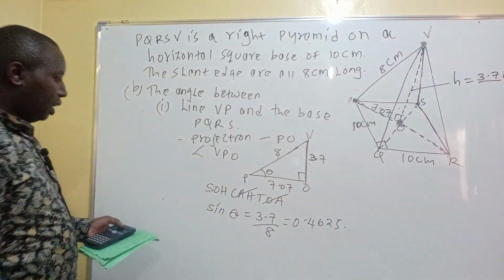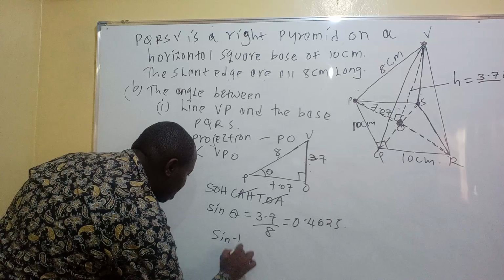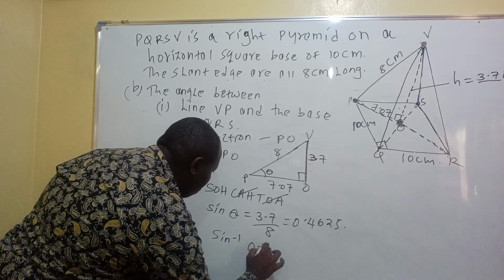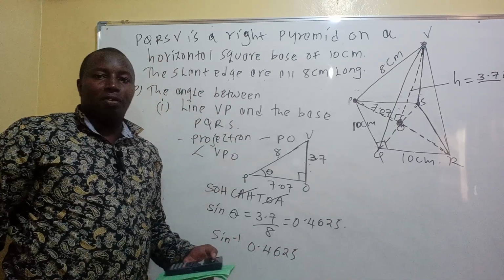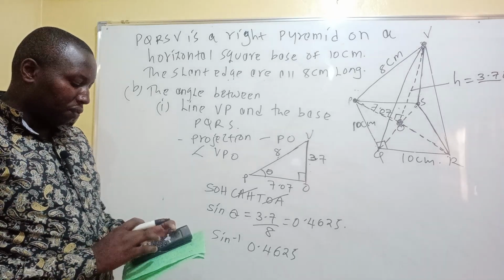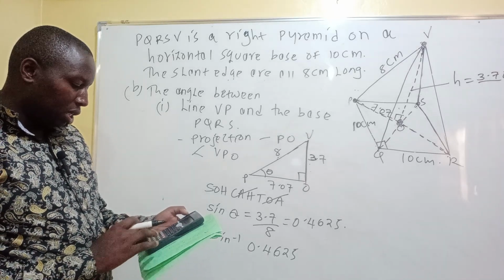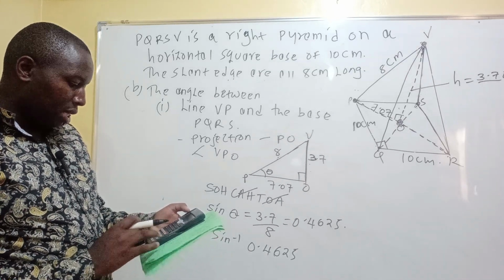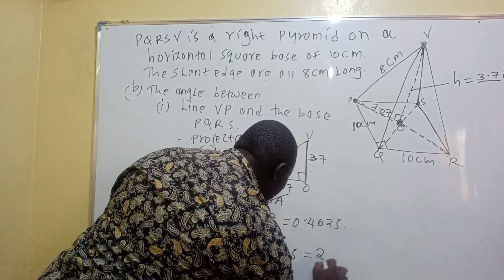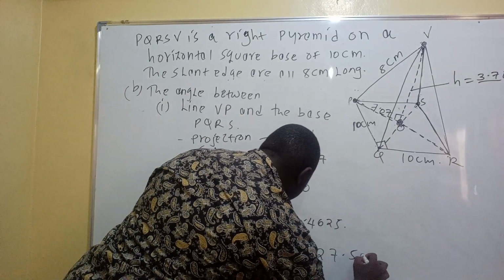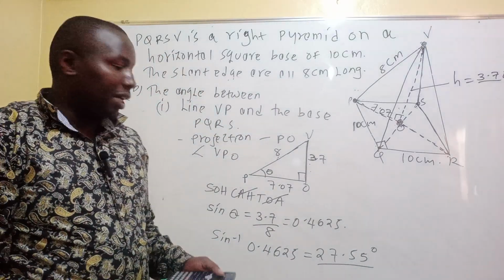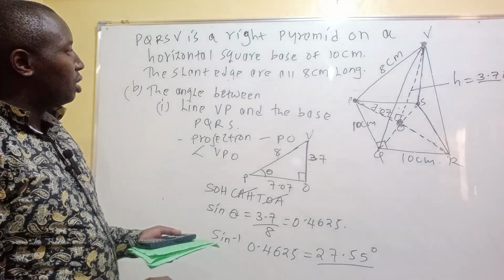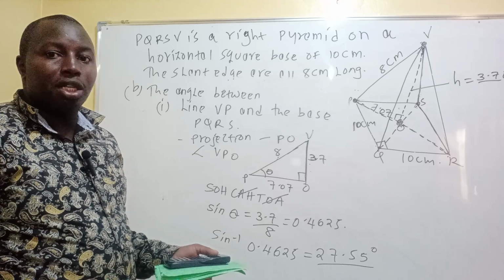When you get this, you get the sine inverse of 0.4625. Press shift sine 0.4625. Your angle is 27.55 degrees. But remember, the examiner gave the instruction, give your answer to 1 decimal place.